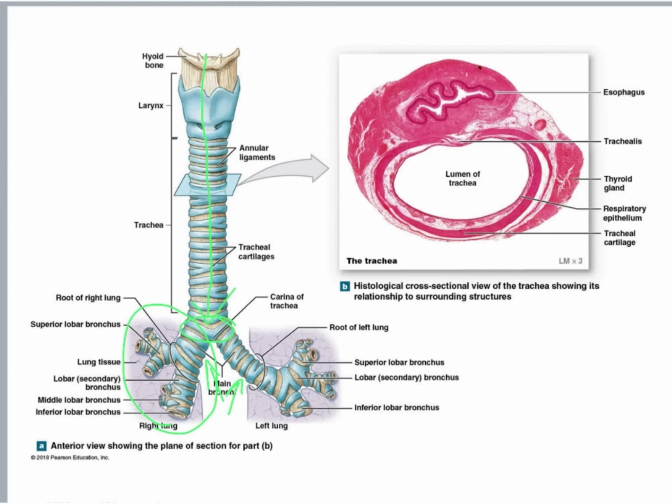Now, taking into consideration that our right main bronchus is much wider and steeper than our left, if an object goes down our trachea, would you expect the object to end up in the right or left lung? The answer is right lung, right? Because the right main bronchus is wider and steeper than the left main bronchus.